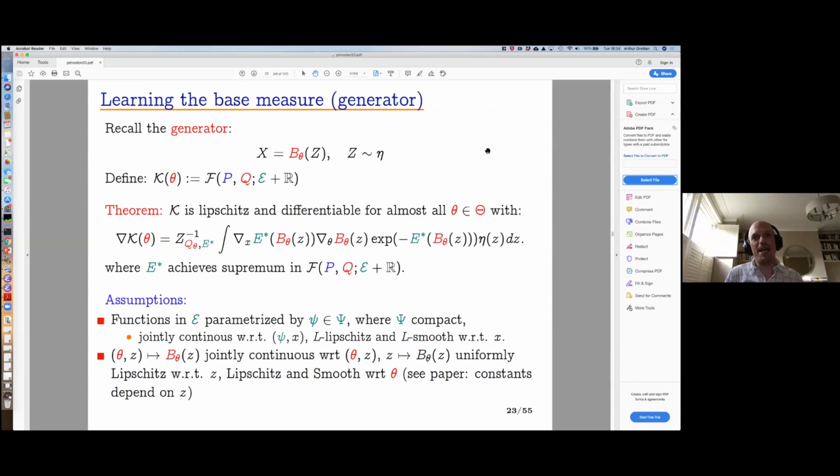What we require is that it's Lipschitz with respect to x, with some global Lipschitz constant, and L-smooth with respect to x, which is to say that the gradients have to be Lipschitz as well with respect to x. So if I'm using ReLUs, let's just say that I don't think that's too damaging an assumption.